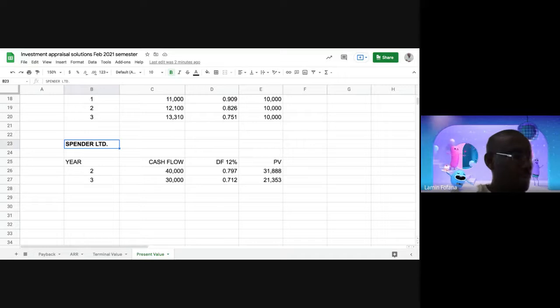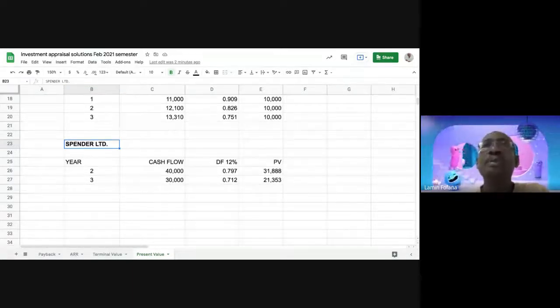Using the NPV method, the decision is based on the following.